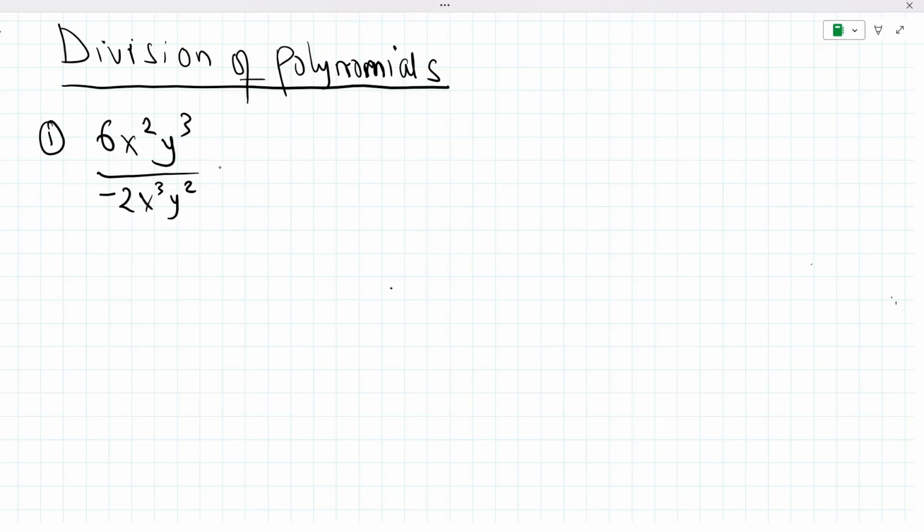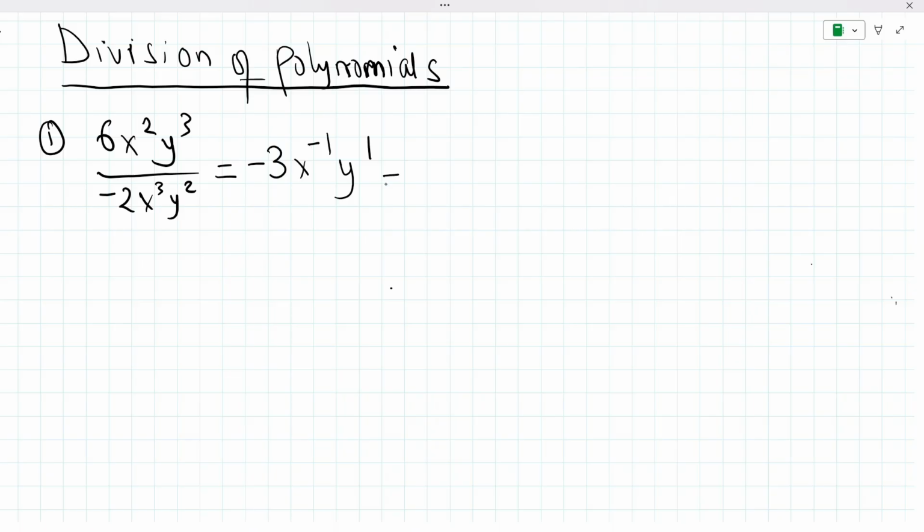So this expression then becomes 6 divided by minus 2 will be minus 3. x to the power 2 divided by x to the power 3 will be x to the power 2 minus 3, which will be x to the power negative 1. And then we have y cubed divided by y squared, which will equal y to the power 3 minus 2, which will be 1.